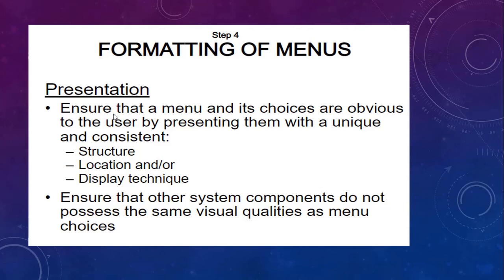For example, if your menu is displayed in a white color, it has to have a contrast background color. If your background color is white, you cannot display the menu in the same color. So contrast colors have to be maintained when you are presenting the menu.